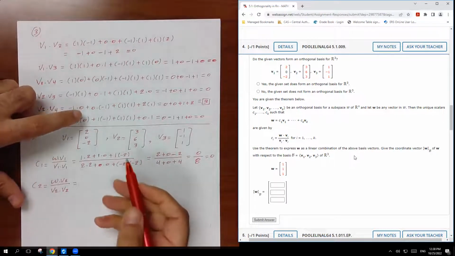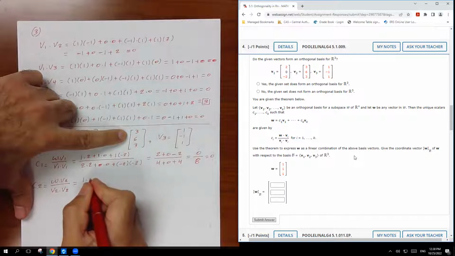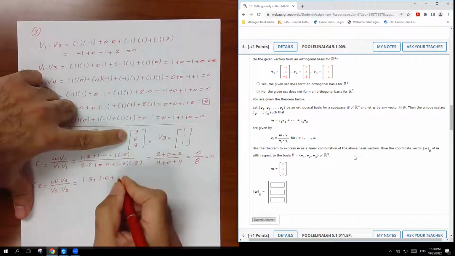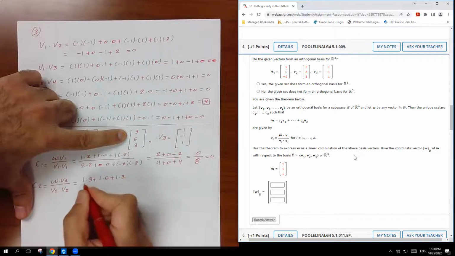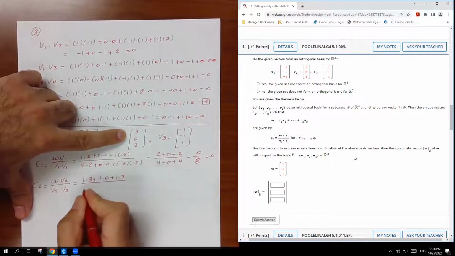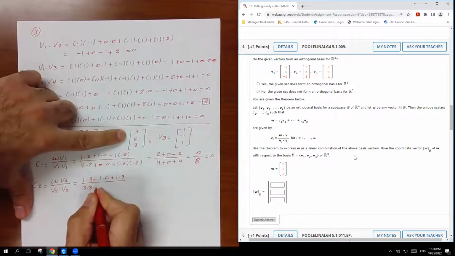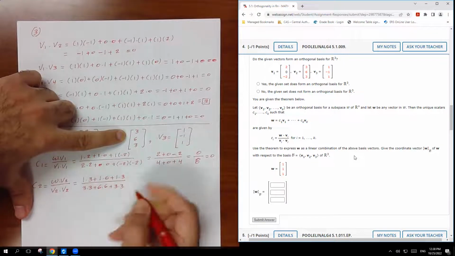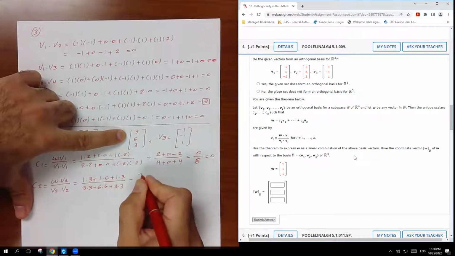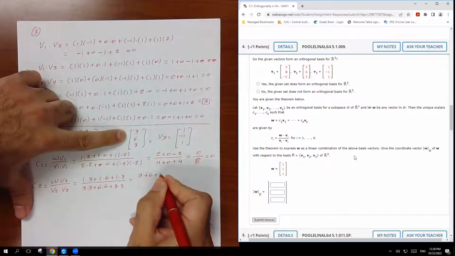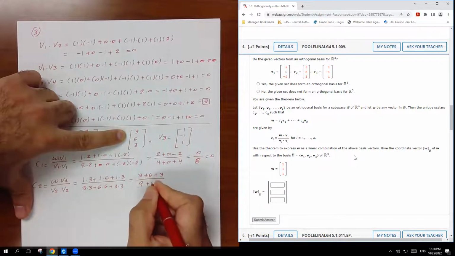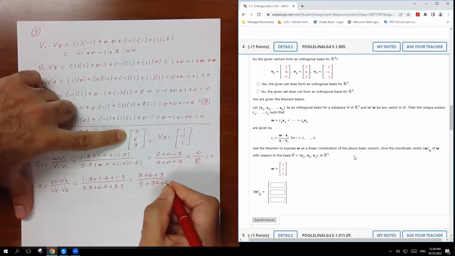W is (1, 1, 1), so 1 times 3 plus 1 times 6 plus 1 times 3, and everything is divided by 3 times 3 plus 6 times 6 plus 3 times 3. It's going to be 3 plus 6 plus 3 divided by 9 plus 36 plus 9.